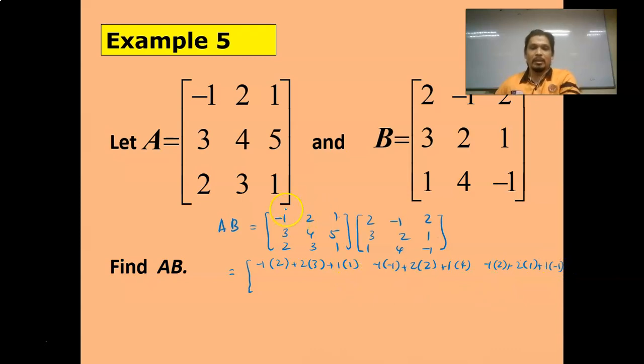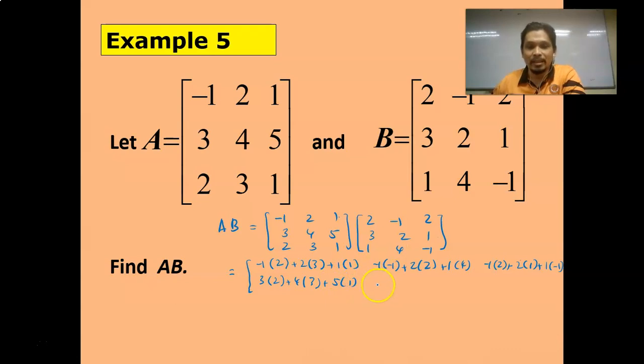There you go. Now element in row 2, we're going to multiply 1 by 1. Firstly with element in column 1, then next with column 2, then next with column 3. So 3, 4, 5, element in row 2 multiplied 1 by 1. So here now 3 times 2 plus 4 times 3 plus 5 times 1.